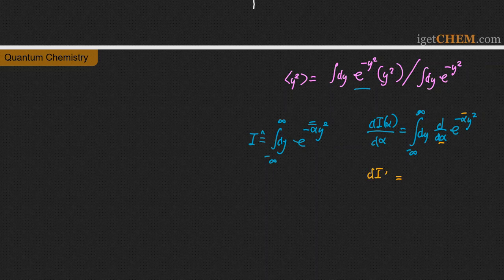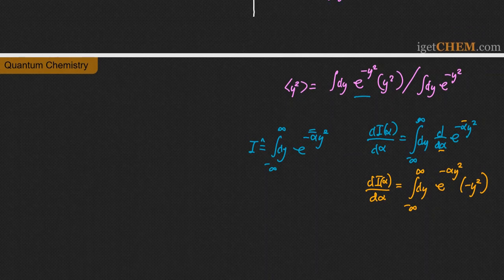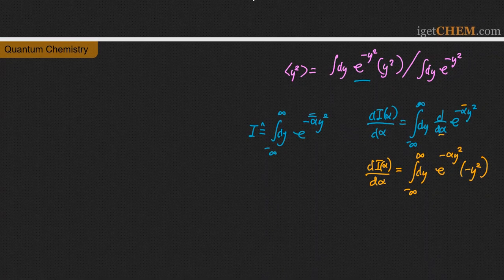So what you are left with is the derivative of this I integral. d I of alpha d alpha is now equal to the integral over y, and you can easily do that because the derivative of the exponential is the exponential, but then the derivative of the exponent brings down a factor of minus y squared. And so you see the derivative of I is basically just this integral. That integral is what we have on the top, except for the minus sign, right?